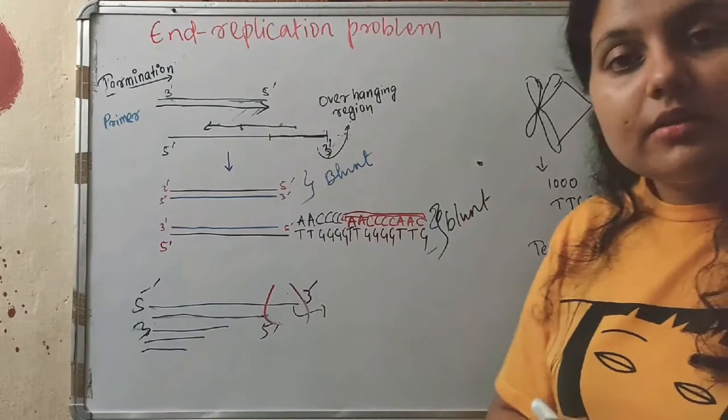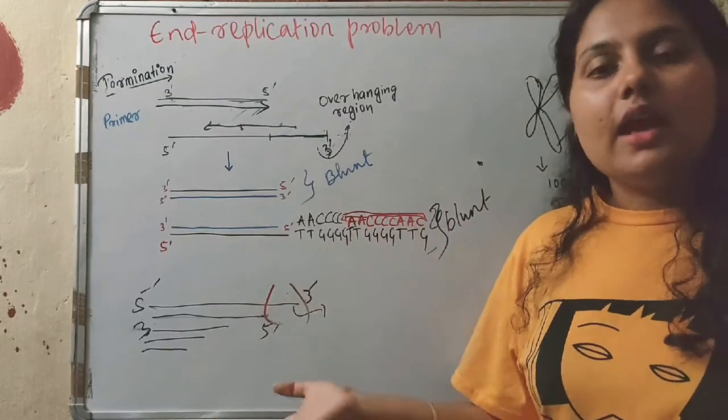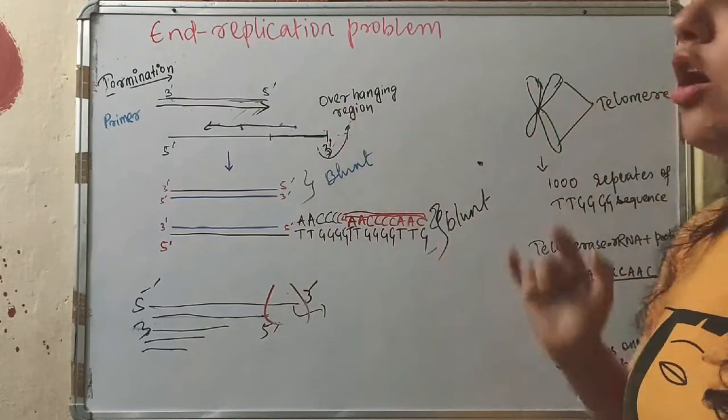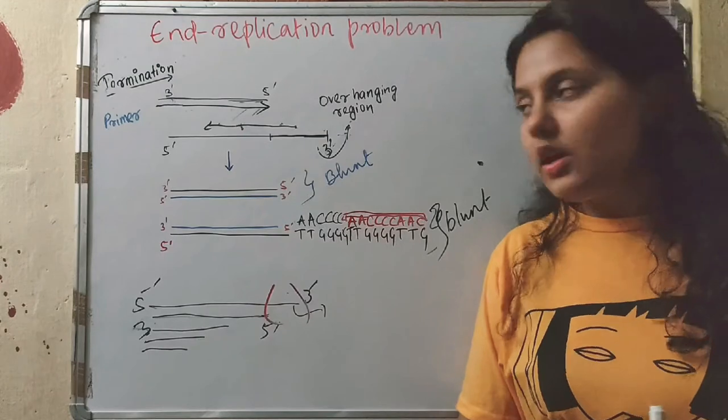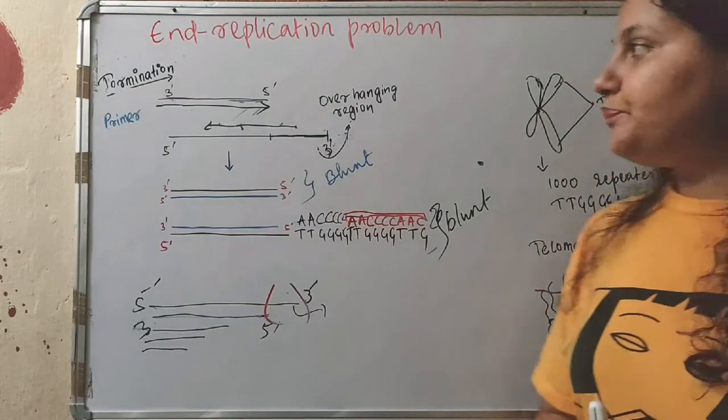So the daughter strand makes the same blunt end, and the end replication problem is avoided in the case of cancerous or stem cells. All right, this was only for today.